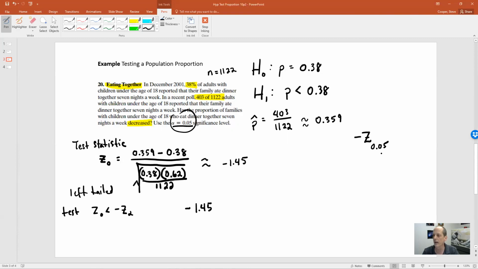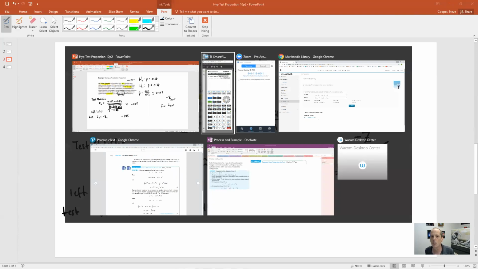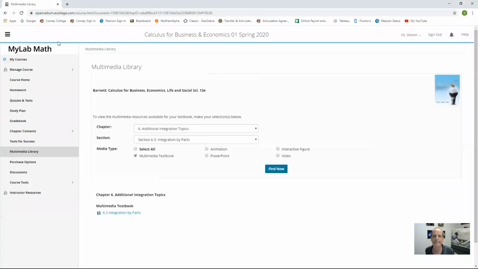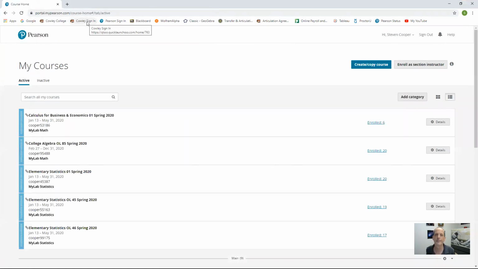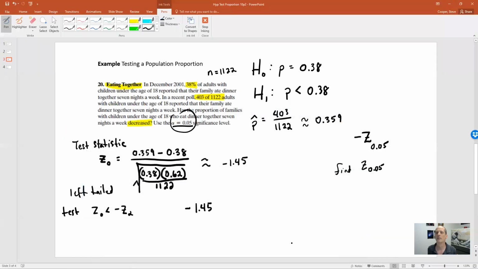Okay, so I'm going to go find Z of 0.05. Now remember, this is the Z value whose area to the right is 0.05. That's not what I want. Okay, hang on one sec.